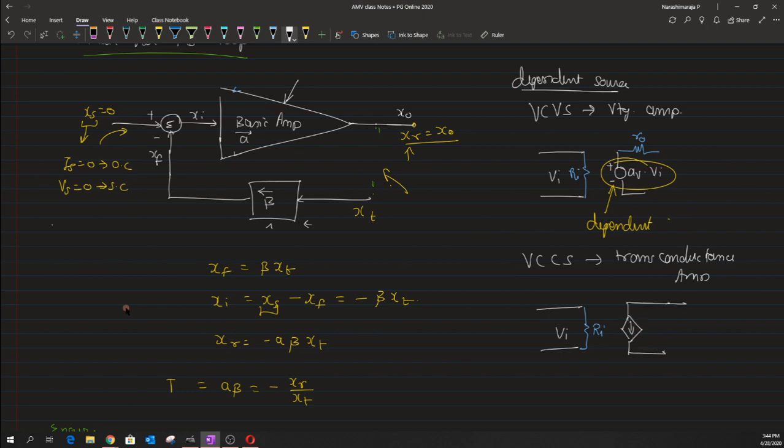If we consider the non-ideal condition of the circuit, then I could include an R naught across the output port. Okay, so what I'm trying to say is that there is some sort of dependent source that exists in this basic amplifier, and one would exploit this dependent source as a breaking point to evaluate this return ratio formula, or basically this ratio of xr divided by xt can be used over there.